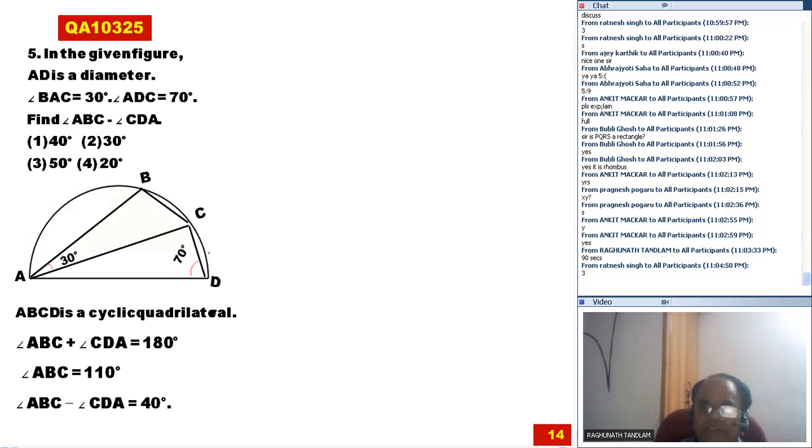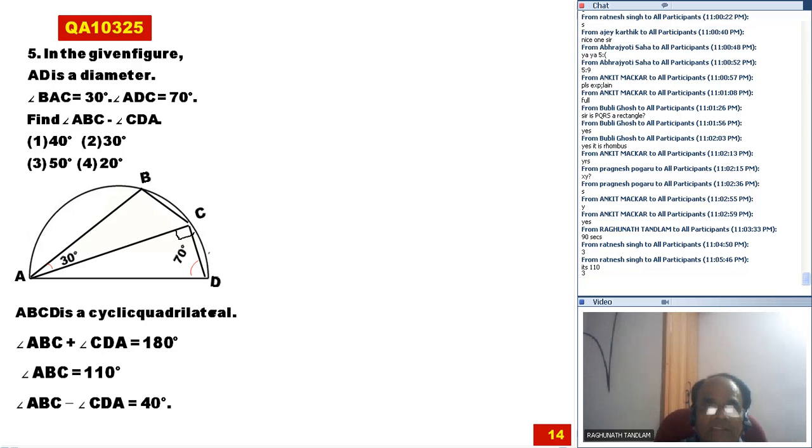Where does 120 come into the picture? What is this angle? This angle is 90 degrees. This is 20. This is 110. 140, 40. All angles I can find out. The difference is 40 degrees.